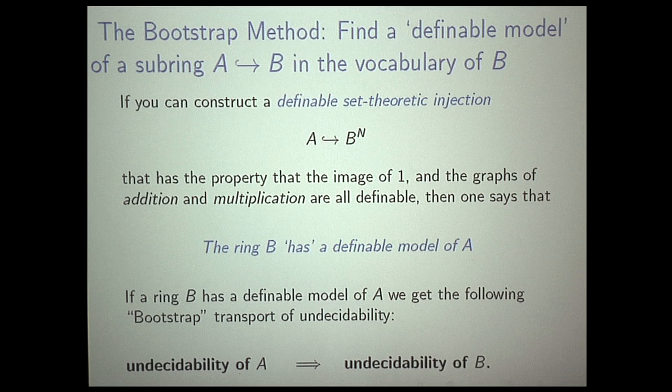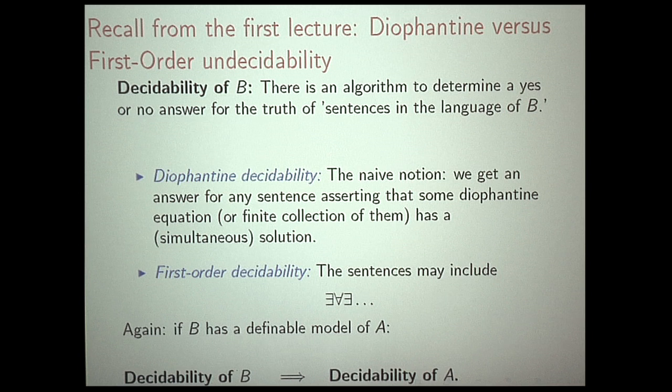And then you say that the big ring, B, has a definable model of the small ring. Now, if a ring has a definable model, we then get, as I said, undecidability implications. Just recall from the first lecture that definability comes in various strengths. We can have Diophantine definability, that is, just by Diophantine equations.